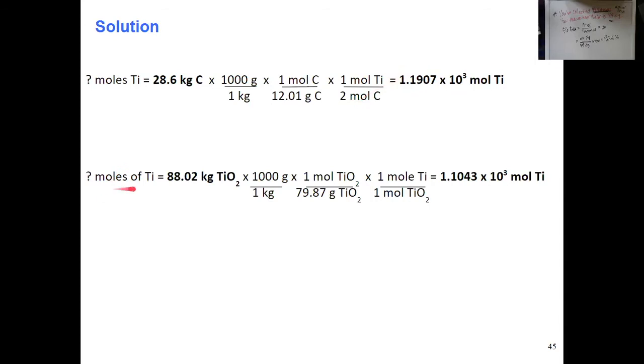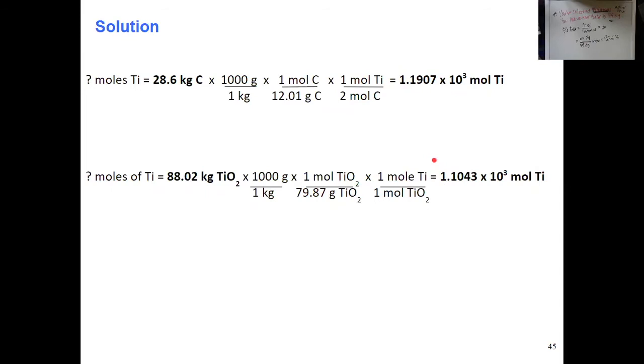Now I'm going to do the same set of steps for the TiO2. Kilograms to grams. Use my periodic table to convert from grams to moles. Use the balanced equation to convert from moles of TiO2 to moles of Ti. And this is the amount of titanium that I could produce from 88.2 kilograms of TiO2.